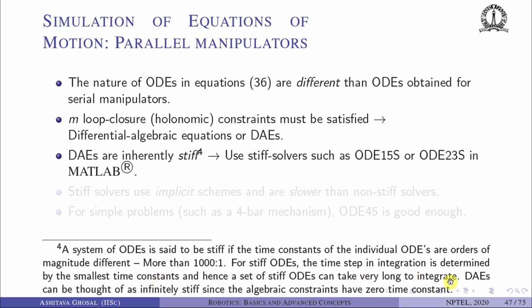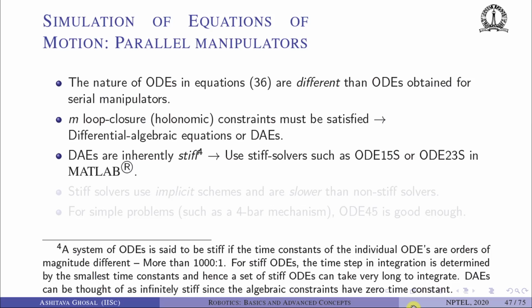So we have to take very small steps if the time constants of some equations are very different from the others. So DAEs can be thought of as infinitely stiff, since the algebraic constraints, the polynomial constraints, have zero time constant.